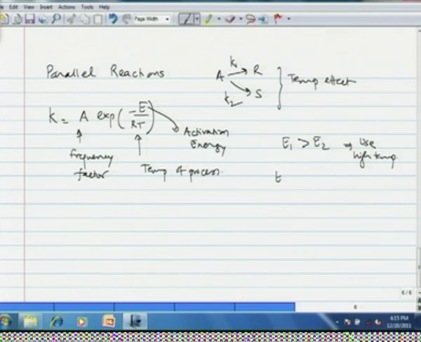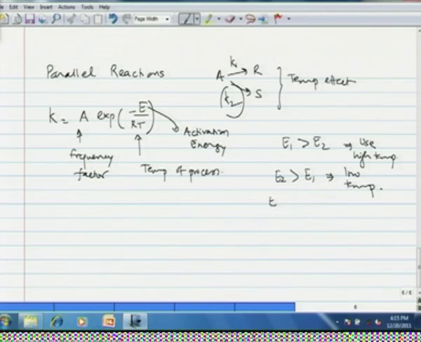However, if E2 is greater than E1, the reverse, we prefer low temperature, so that the rate constant of the undesired reaction is suppressed.